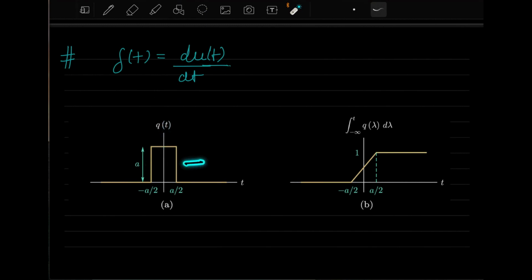So the pulse will become an impulse when a tends to 0, whereas this particular function will become a unit step as a tends to 0, because as a tends to 0 this dimension will reduce and this function will become like this. So this also shows you how a pulse can become a unit step if you reduce the value of a.